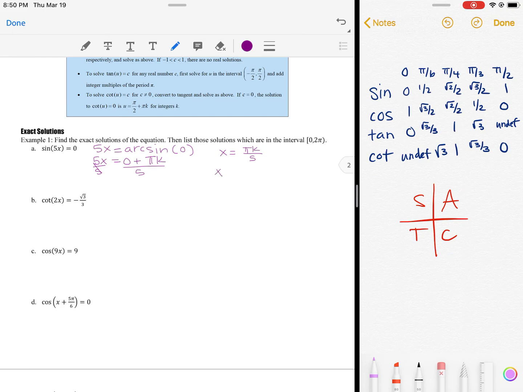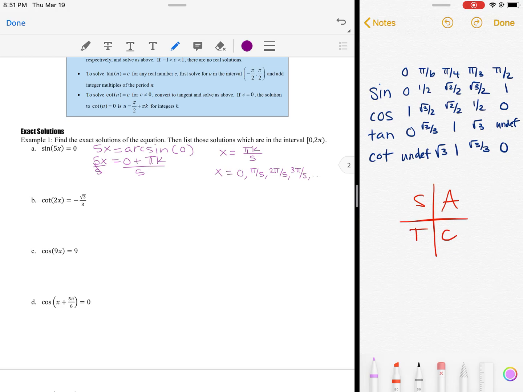If we want all the solutions that are in the interval 0 to 2 pi though, if you plug in k as an integer starting with 0, we get 0. Then we plug in 1, so we've got pi fifths. Then we plug in 2, so we get 2 pi fifths. We plug in 3, we get 3 pi fifths.